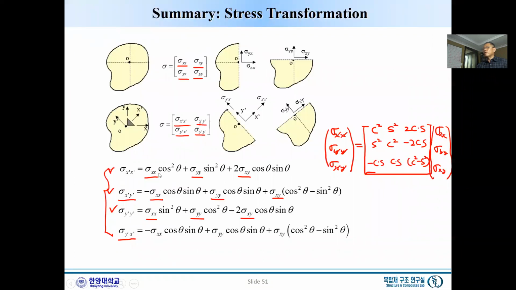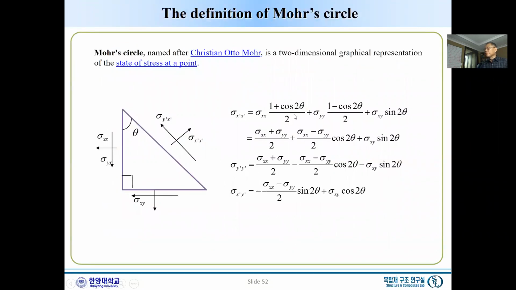Instead of cosine squared, we do know that cosine squared is the same as 1 plus cosine 2 theta divided by 2, and this is the sine squared, defined like that, and twice the sine and cosine is the sine of twice theta.